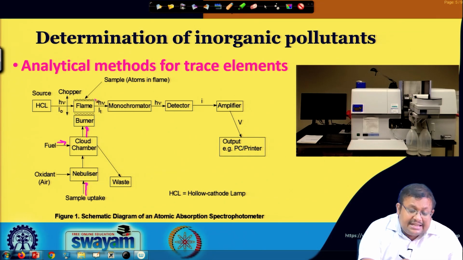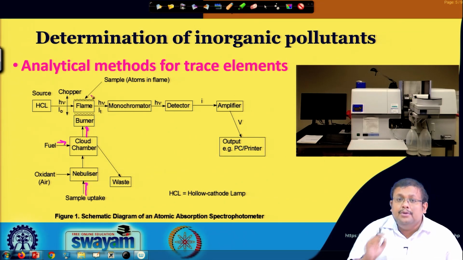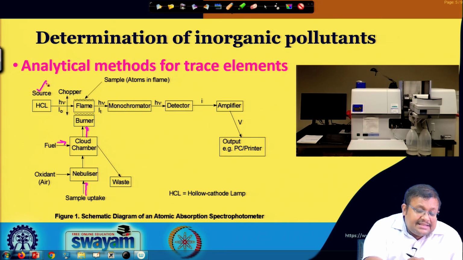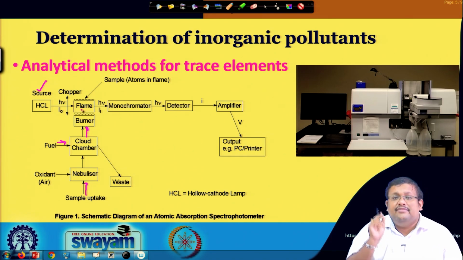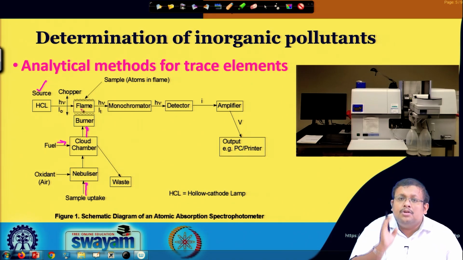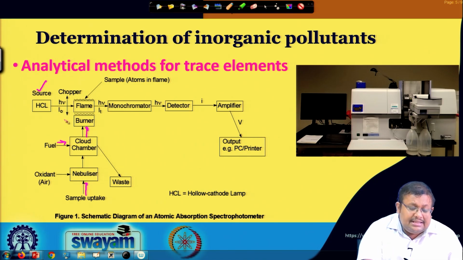Now, this characteristic radiation has to be produced from some source. This source is the HCL, or hollow cathode lamp, which produces a characteristic, very narrow, almost monochromatic radiation or wavelength, which is absorbed by the particular element we are interested in.